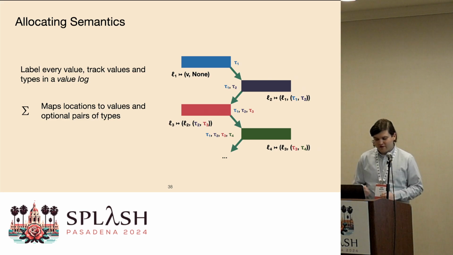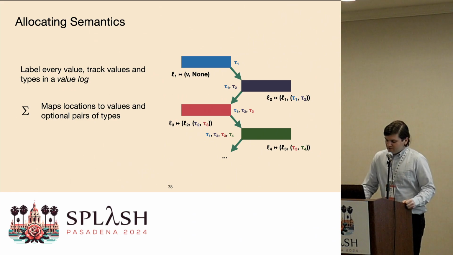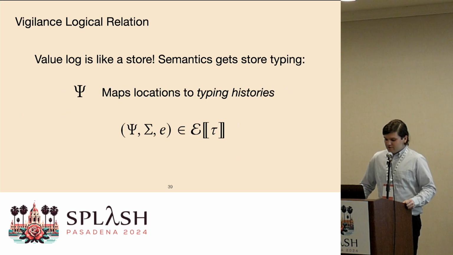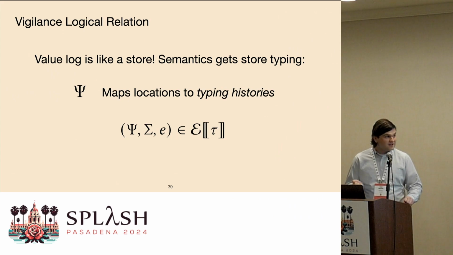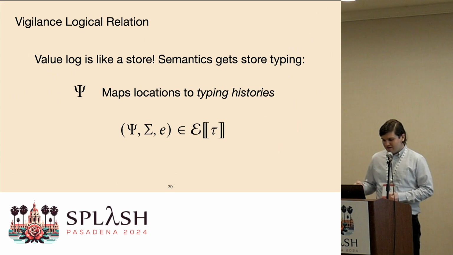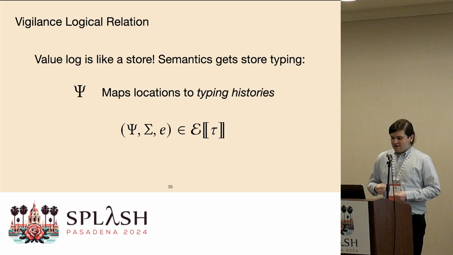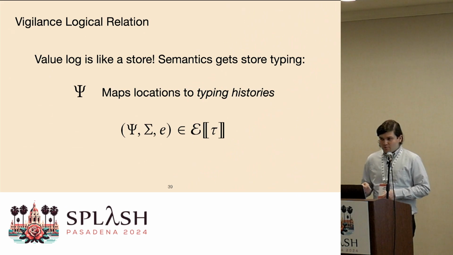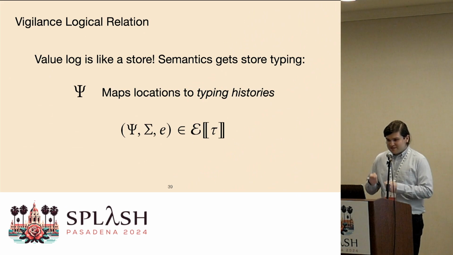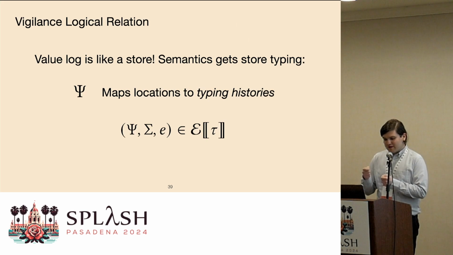How do we incorporate this into the logical relation? How do we get to typing histories? So we notice something, which is that a value log is kind of like a store. And so we can use a very common technique in logical relations, which is that we'll add a store typing into our semantics, which tells us what the type is for every location. But in this case, we're actually going to associate every location with the typing history itself.